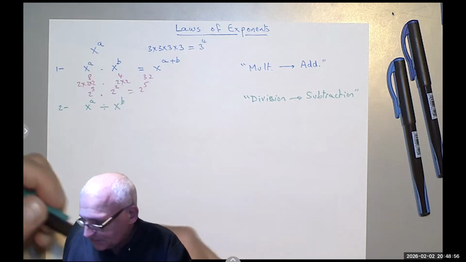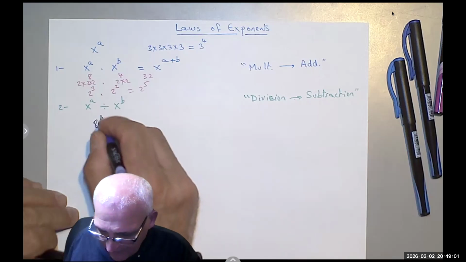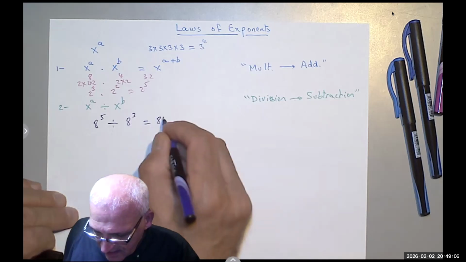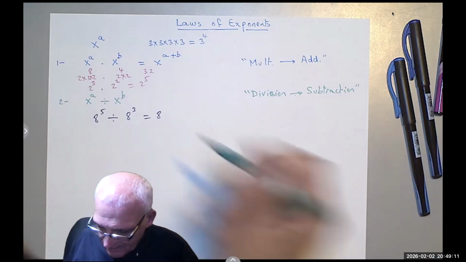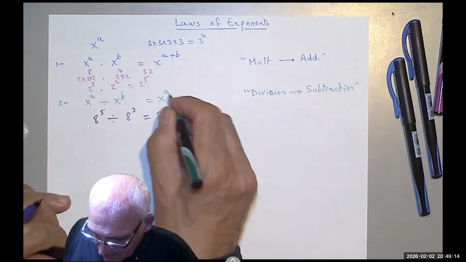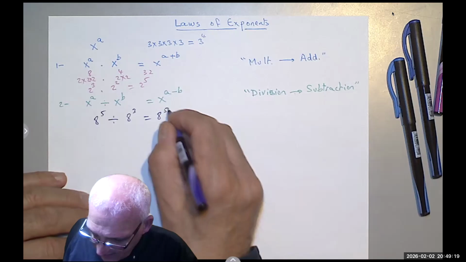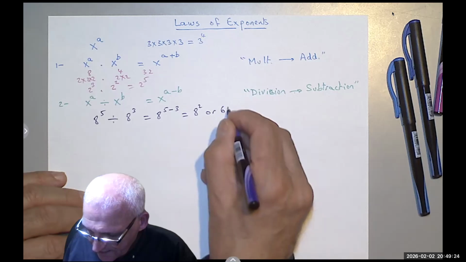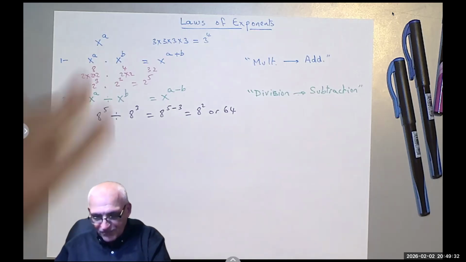So when I have something like 8 to the fifth divided by 8 cubed, I get 8 to the 5 minus 3, which equals 8 squared, or 64. Alrighty, so these are the first two.